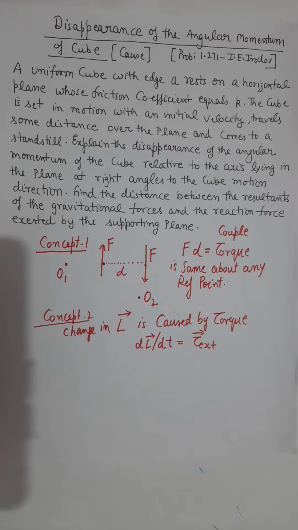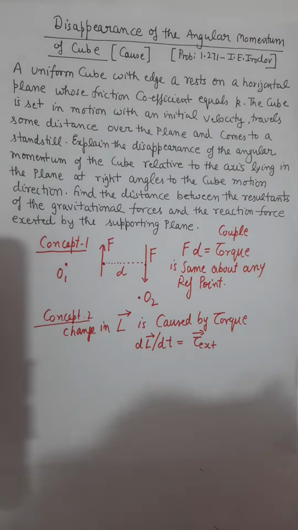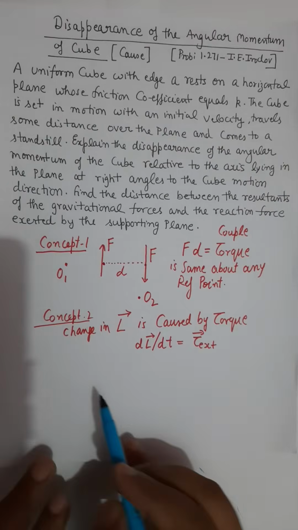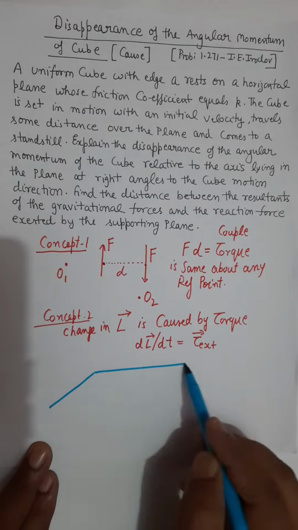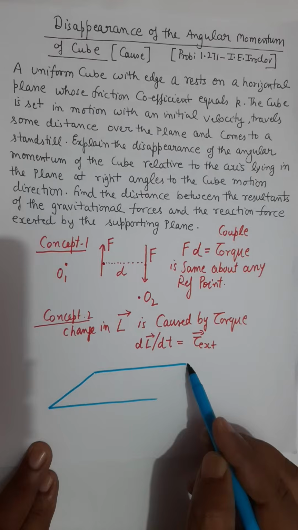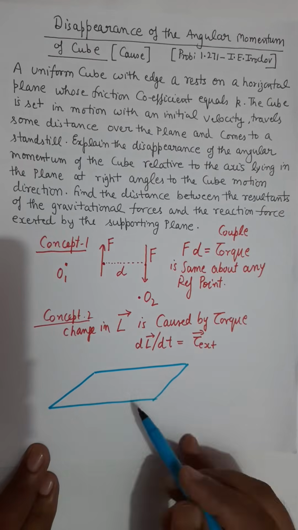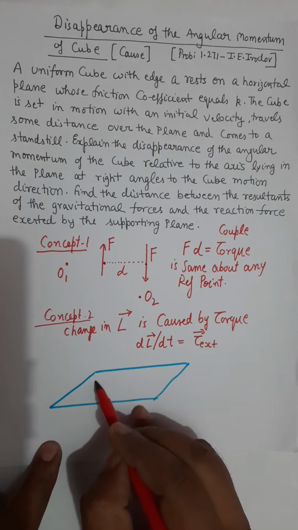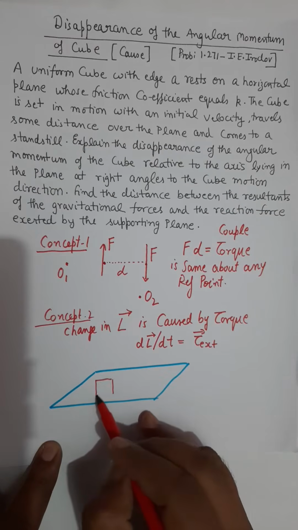Right, now we will solve this particular question here. Let's say we have a horizontal plane as given in this question. Let's say this is the horizontal plane. We have a cube over it. We have some object in a cubical form over it.